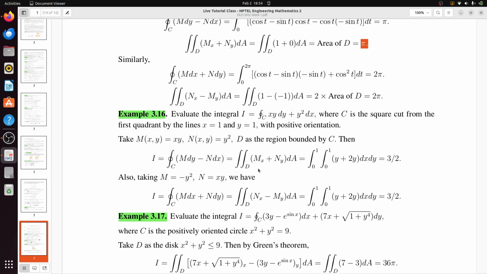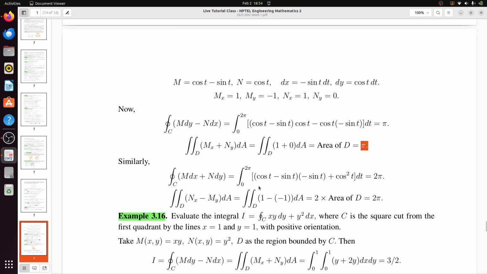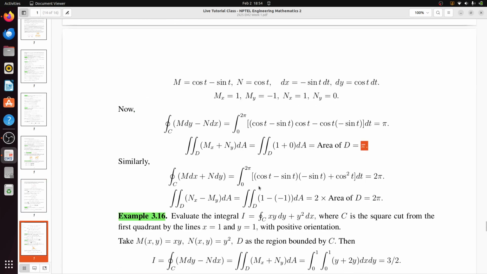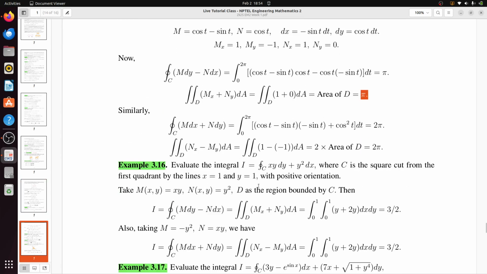Sorry, I think there is a typo here, this will be m dy plus n dx. That will not be a minus sign, that will be plus sign.